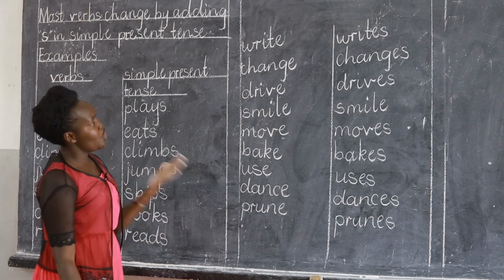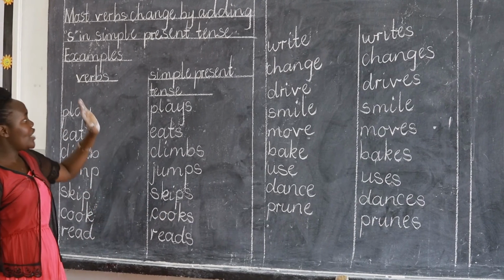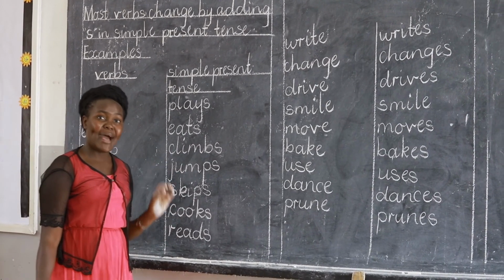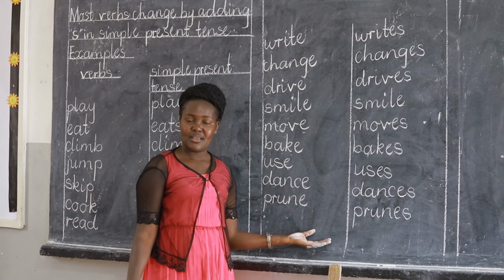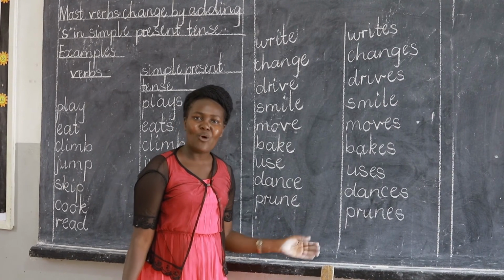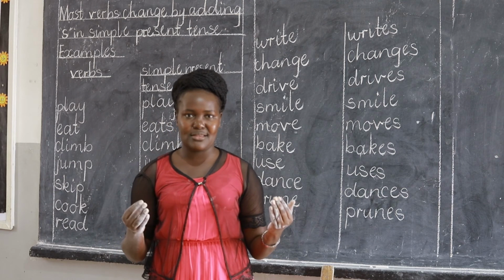Yeah. So you have seen how these verbs do change, and today we have dealt with those verbs that change by adding S. These are not only the verbs. I want you to identify more verbs that add only S in simple present tense.